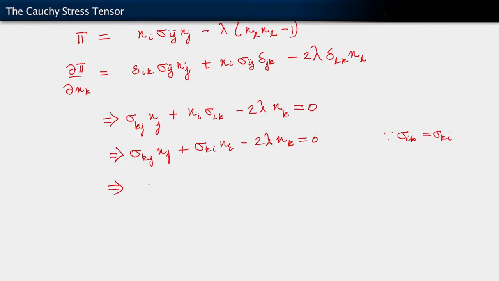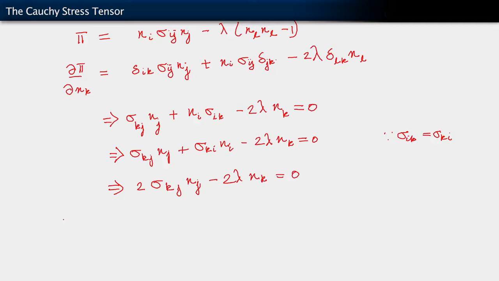But now since i and j are just dummy indices, we can always rewrite this as 2 times sigma_kj n_j minus 2 lambda n_k equals 0. So this is the first condition.